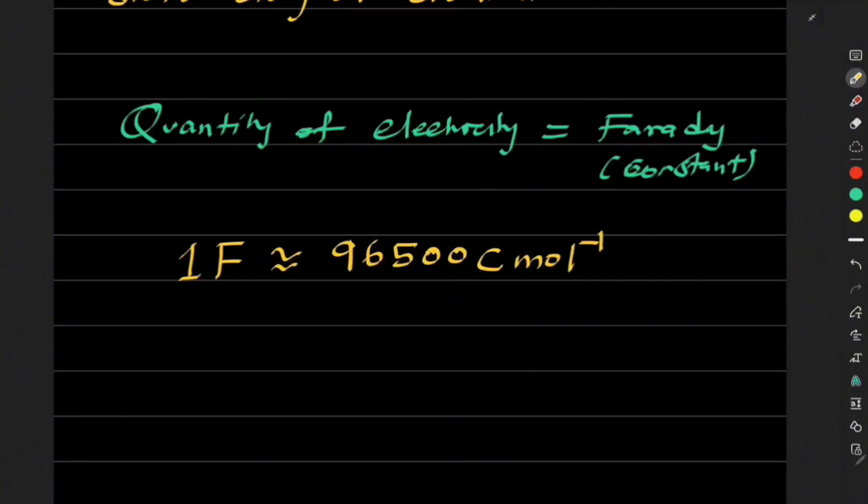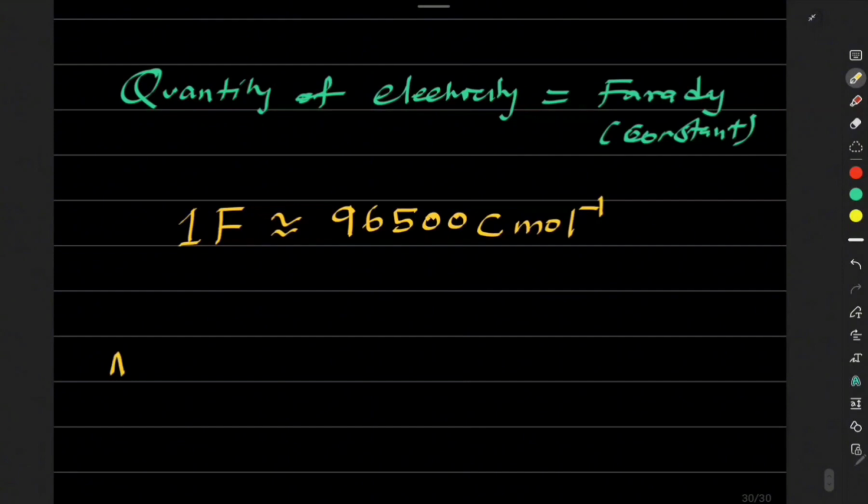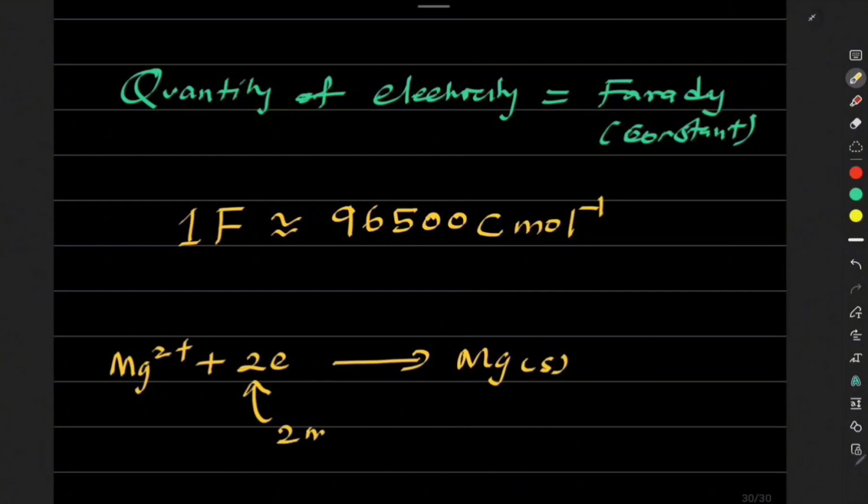For example, if we consider magnesium 2+, to reduce this we need 2 electrons and it will form magnesium. Here we need 2 moles of electrons to reduce the magnesium 2+ ion, which is 2F.